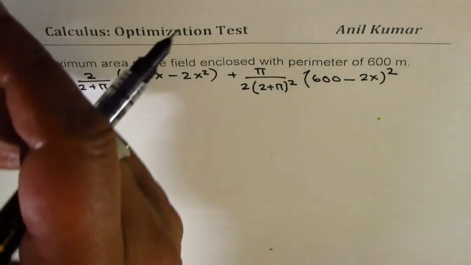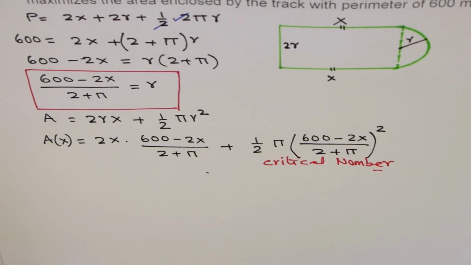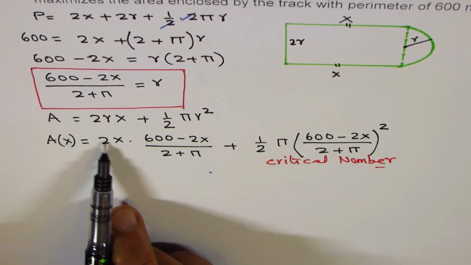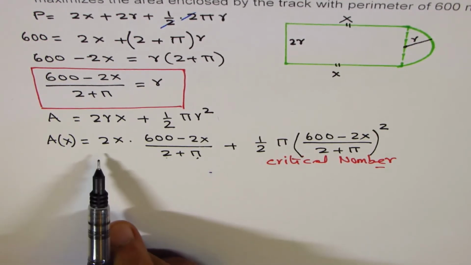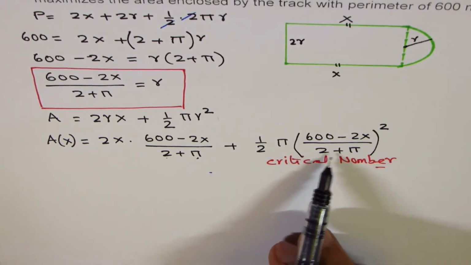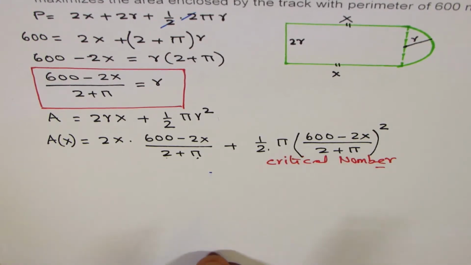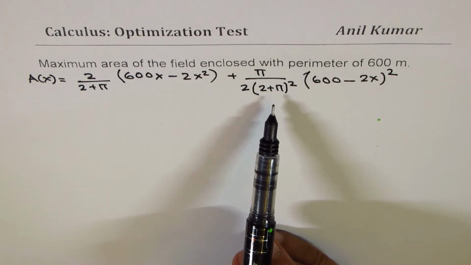So what I did was that we have this expression here. I took 2 over 2 plus pi, this is a constant. Here we squared 2 plus pi whole square, brought it here, right? So what we get is this expression, correct?